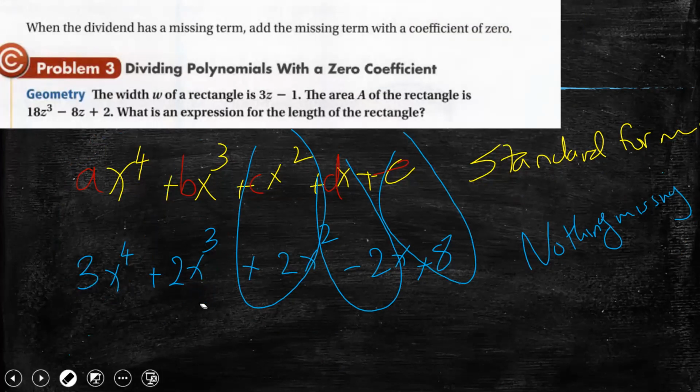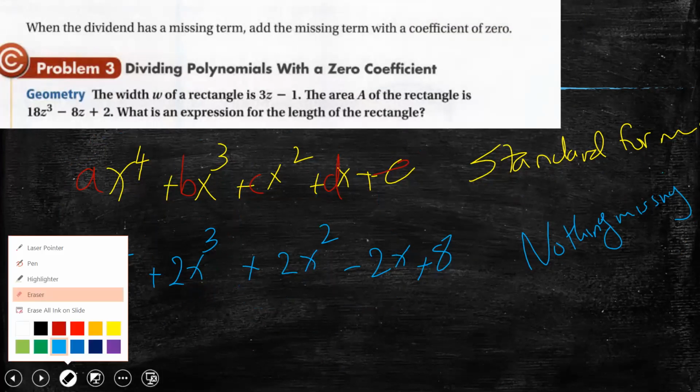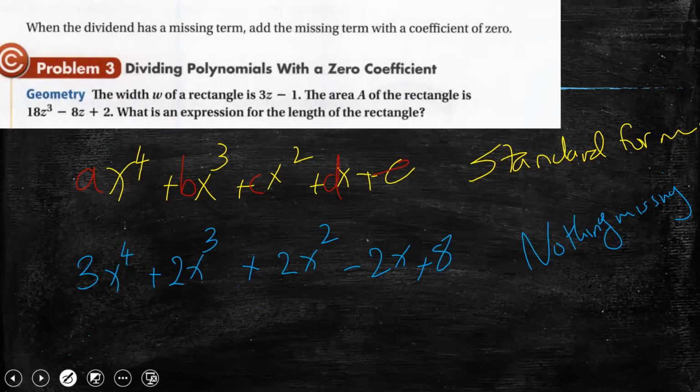Like this one here. Is there anything missing now? Yes. Which one? X squared.